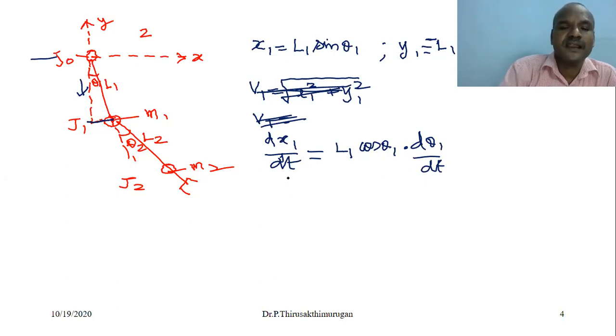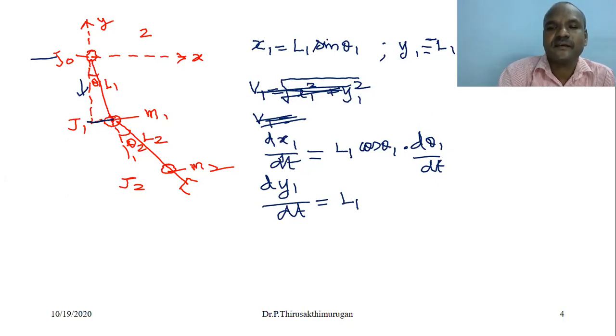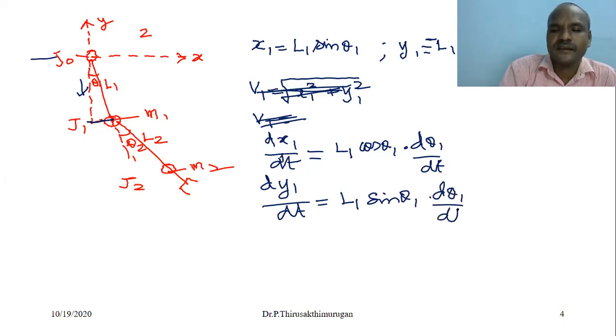Similarly, dy1 by dt equal to, the differential of cos is minus sine, so minus cancels, so plus L1 sin theta 1 into d theta 1 by dt.